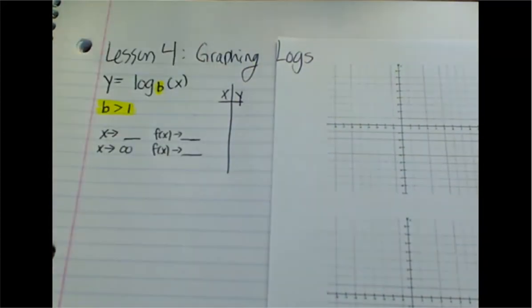The base is important to describe the picture. There's a reason we evaluate our logs before we graph them, because I'd like you to be able to plug in x values and evaluate in order to plot points instead of just memorizing some points. I want you to actually understand why.